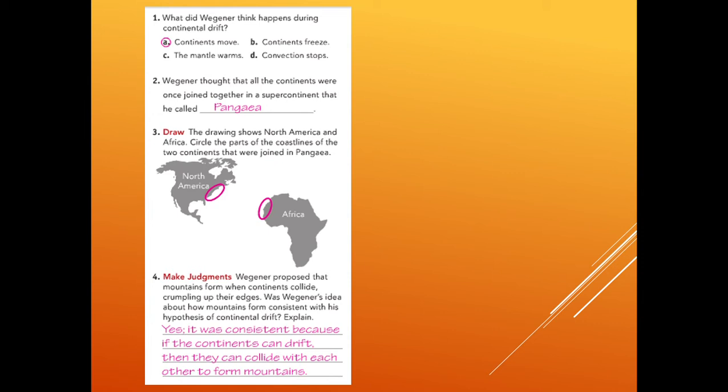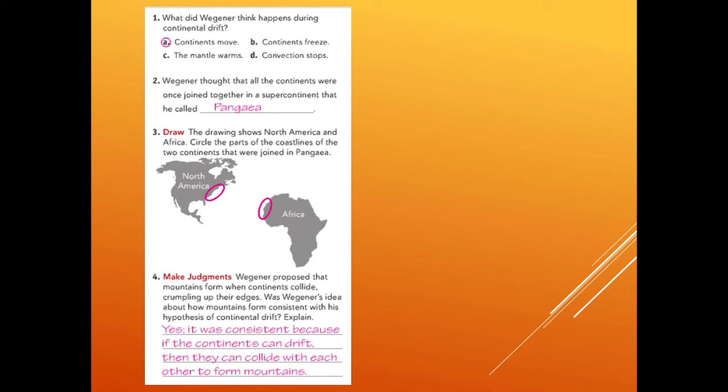He was theorizing this because he noticed that if we rearrange the continents in a certain way, they actually match together. The two lines signaled here in number 3 are not the only two lines that match in other continents. If we match Africa with South America, it actually fits as well.